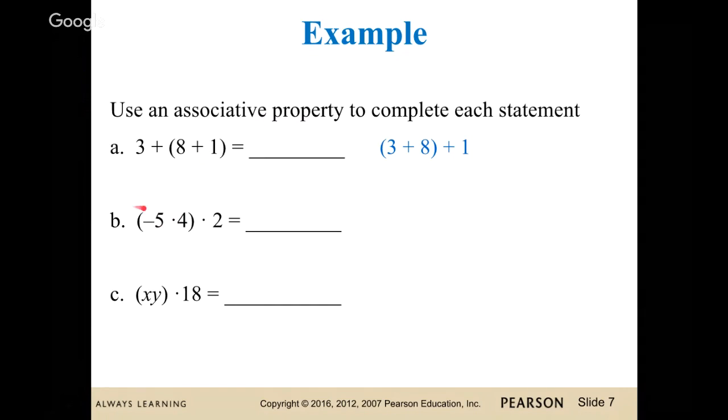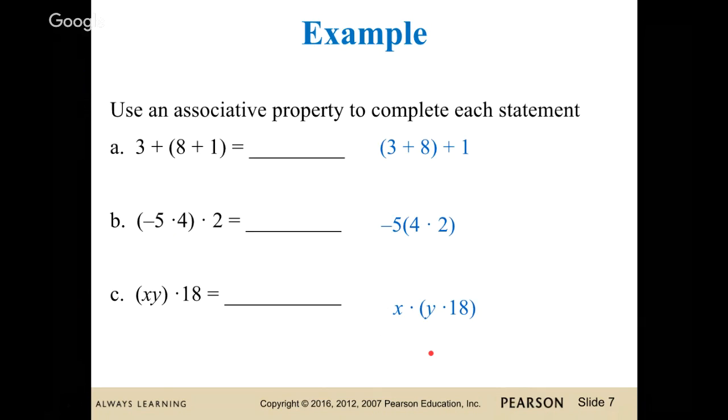Down here, same deal, negative 5 times 4 times 2 can be regrouped as negative 5 times the quantity 4 times 2. x times y times 18 is the same as x times the quantity y times 18.